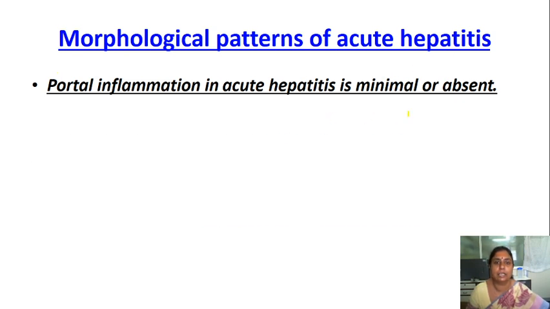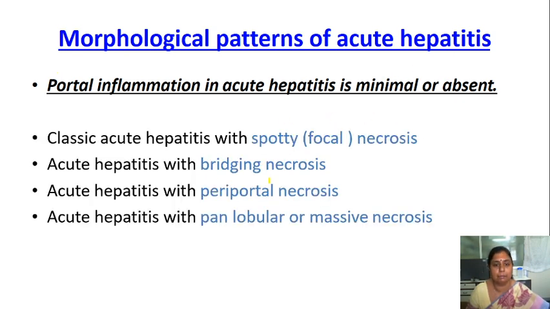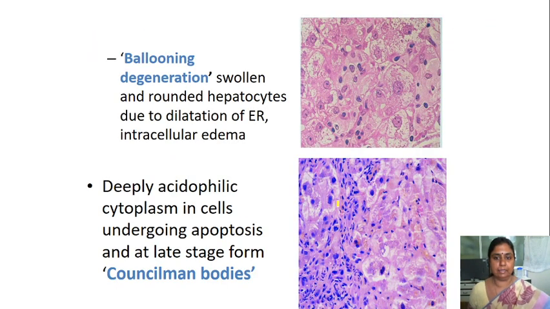So necrosis can be spotty, it can be bridging, it can be periportal necrosis or a panlobular necrosis. It is spotty necrosis in most of the cases of acute hepatitis. Bridging necrosis in a little more severe pattern. Periportal necrosis and panlobular necrosis are the ones which are having a more severe form of hepatitis at the brink of failure, and when you are having a panlobular or massive necrosis, the patients will have acute liver failure, okay.